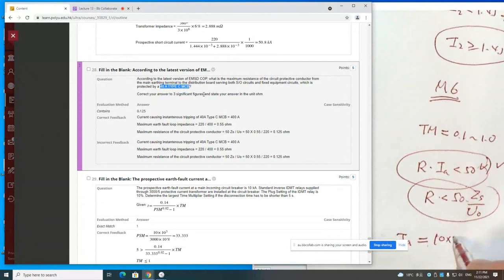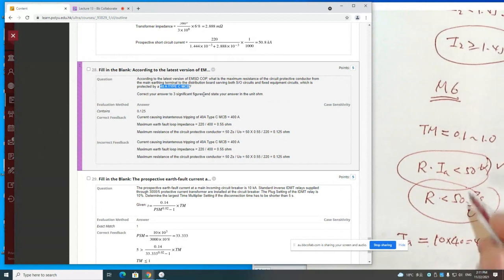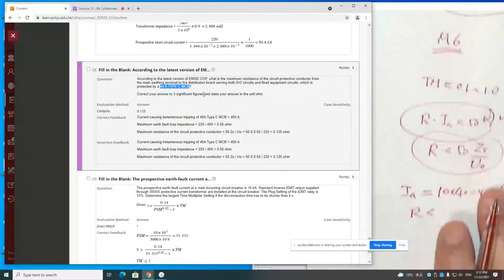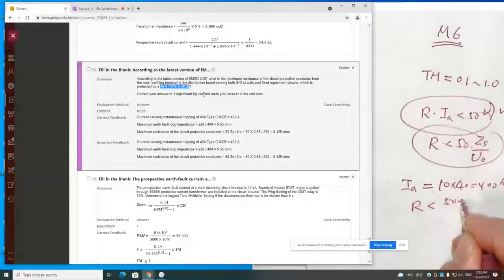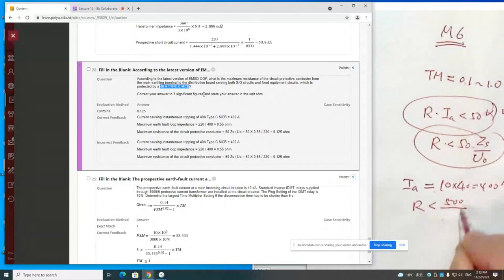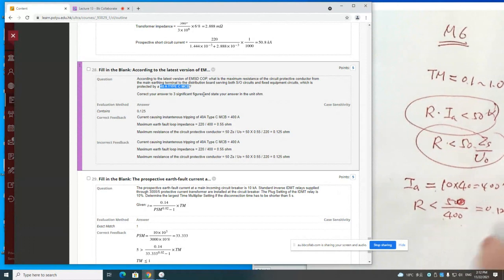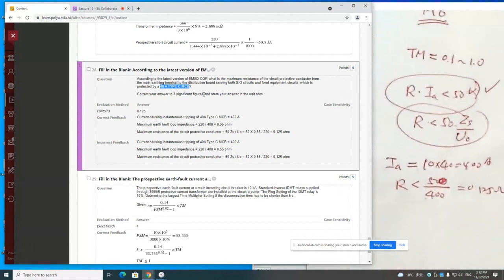In the worst case, 10 times 40 ampere is 400. So R is less than 50 over 400, which is equal to 0.125 ohm. So this is the way to find the answer for this question.